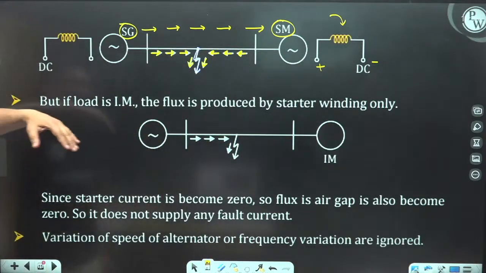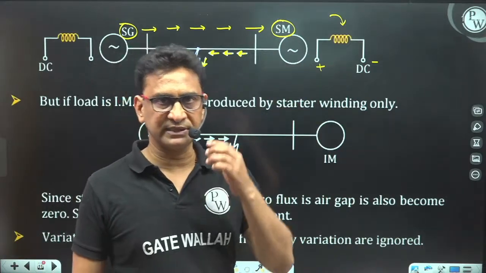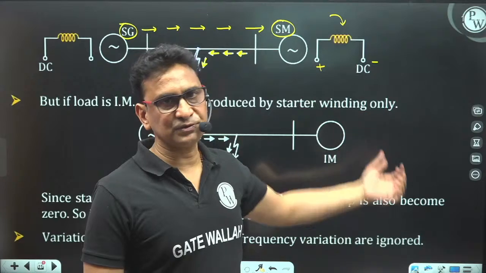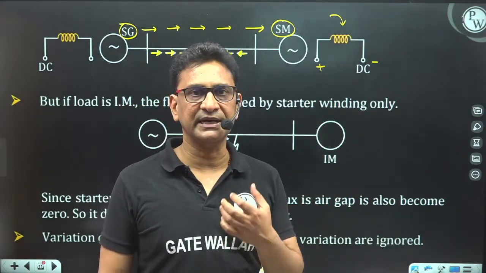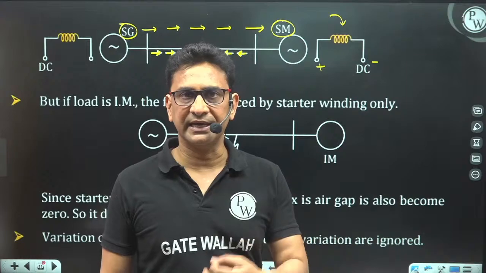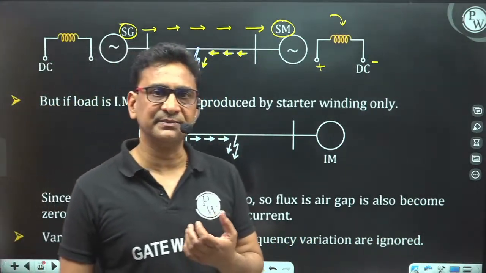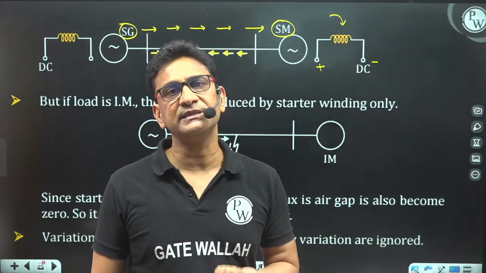See, the main difference between the induction motor and the synchronous motor is that the synchronous motor is a doubly excited machine. So its field winding is also excited. So even at the time of fault, we have the magnetic field in the air gap. But our induction motor is a singly excited motor only. Its rotor is not excited by a separate supply.